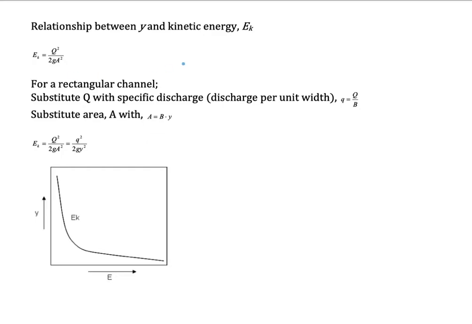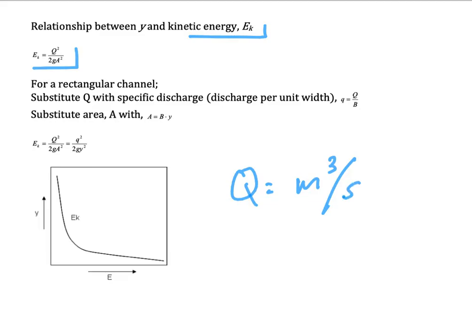And then we draw the diagram for kinetic energy. Here the equation for kinetic energy is q squared over 2gA squared. Here we have a little bit of a problem because we have a three-dimensional equation. What we mean is that here we have an area and also meter cube.